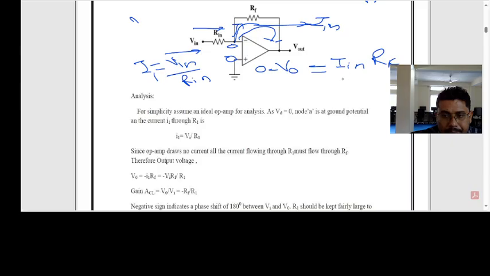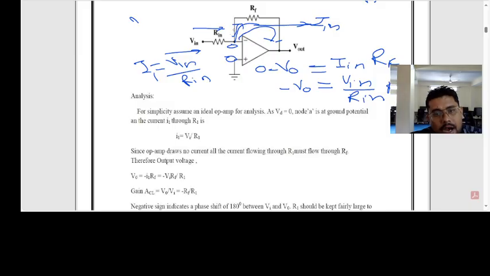The current I in is V in divided by R in, and the current in the input resistance and feedback resistance must be the same, because no current flows inside the op-amp IC.